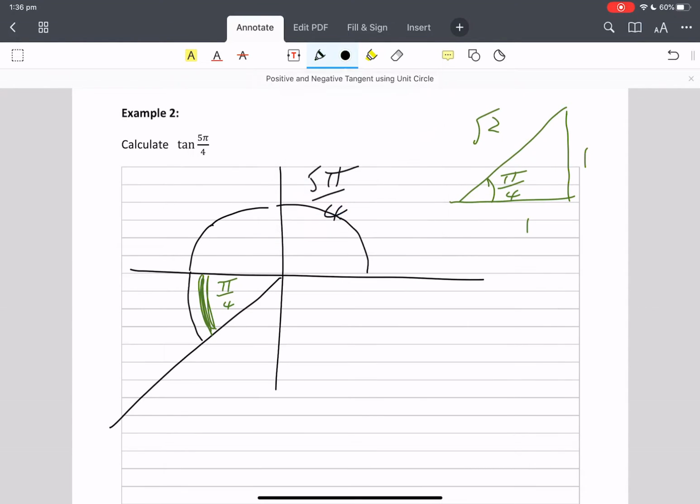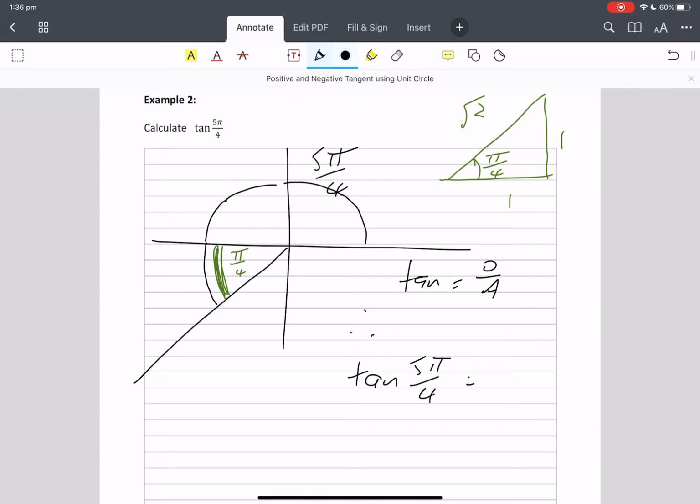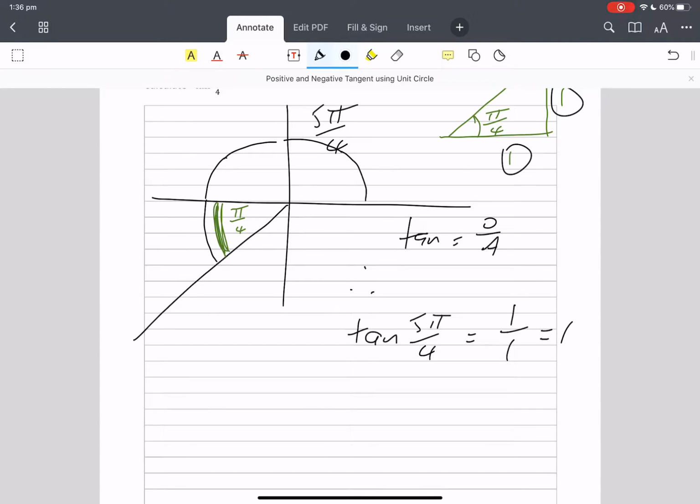We are quite within our rights to go, therefore, because tan is O on A, tan 5 pi on 4 will be O on A, which is 1.